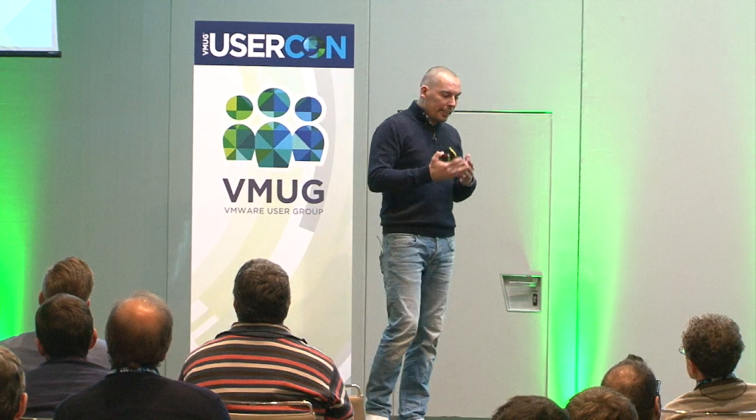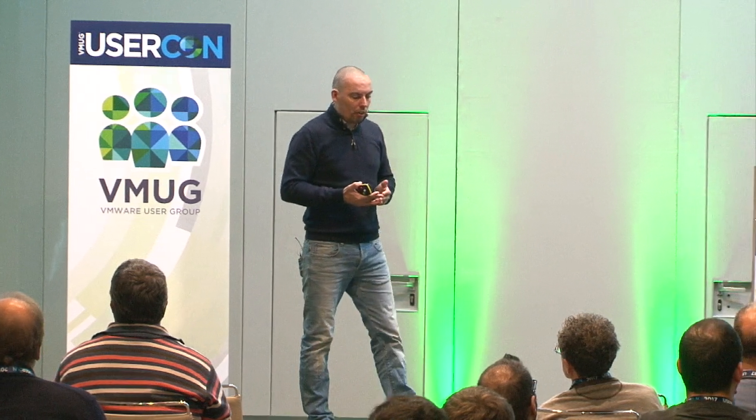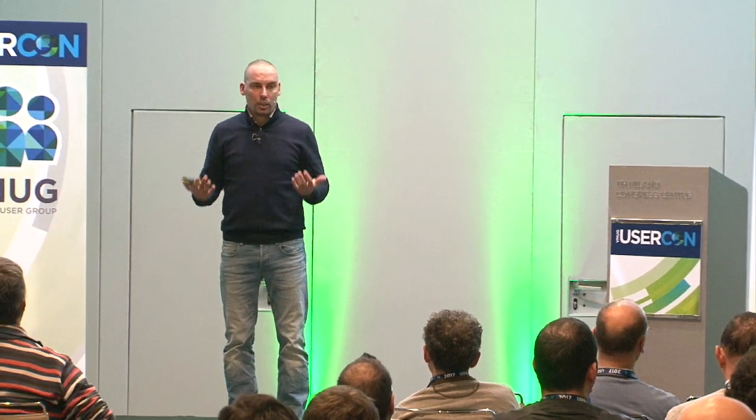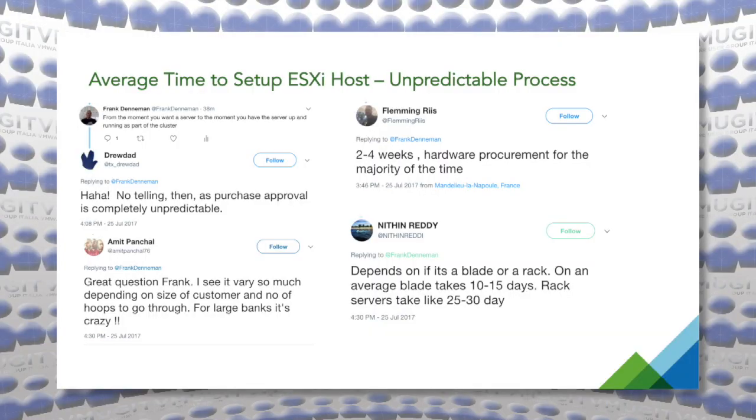Now, this is the key of working together with AWS, because they have this incredible fleet management. Everything is API driven. So that means you can deploy physical resources by using an API call.